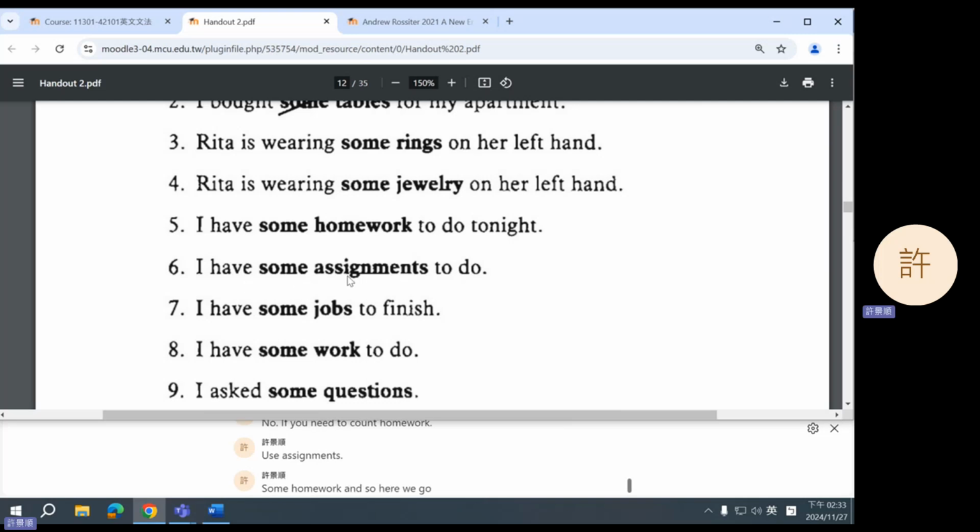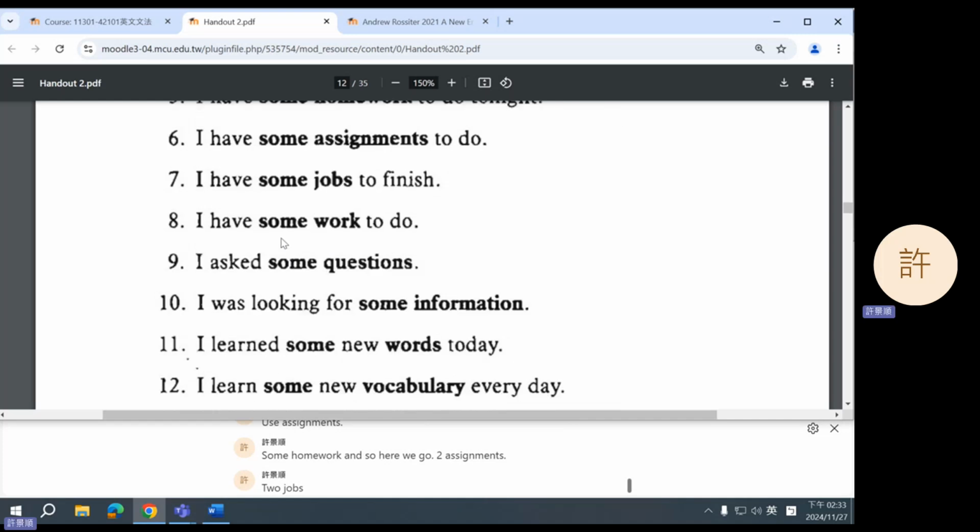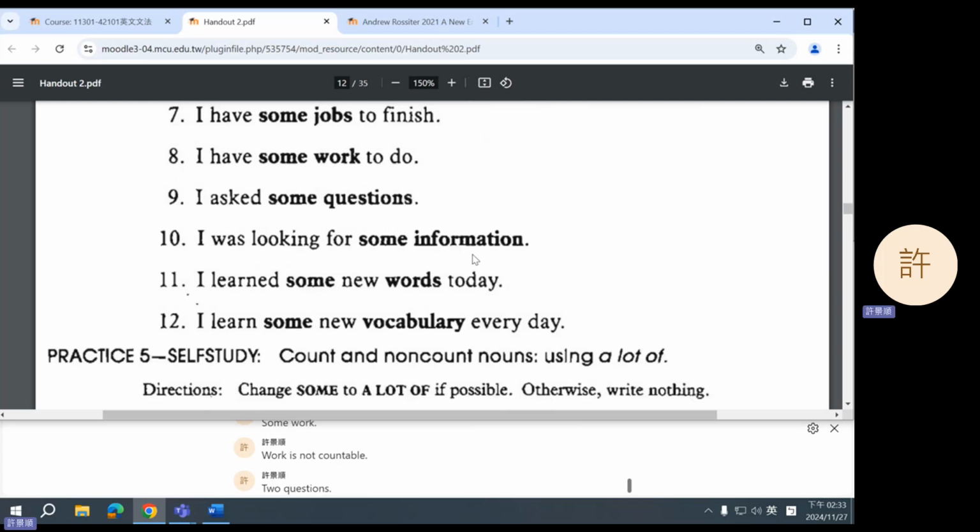And so here we go. Two assignments. Two jobs. Some work. Work is not countable. Two questions. Some information. Information is not countable. Knowledge is not countable either.